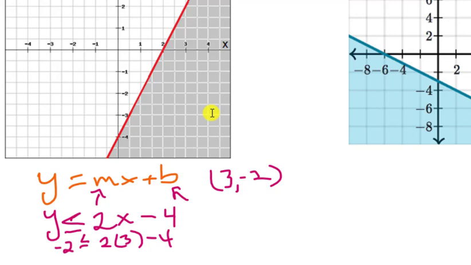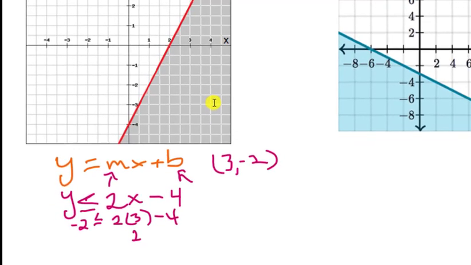So 2 times 3 is 6. 6 minus 4 is 2. So the statement here is reading -2 is less than or equal to 2. Is that statement true? Of course, -2 is less than 2. The statement is true, so my answer checks out.